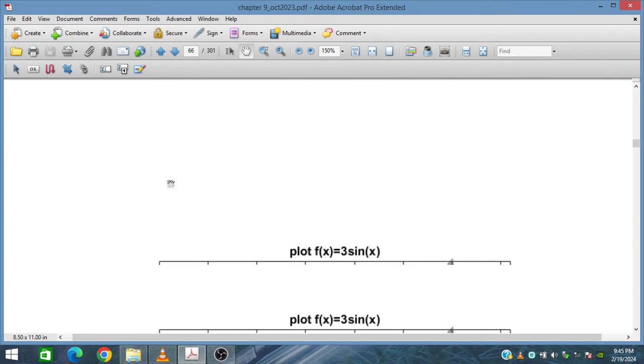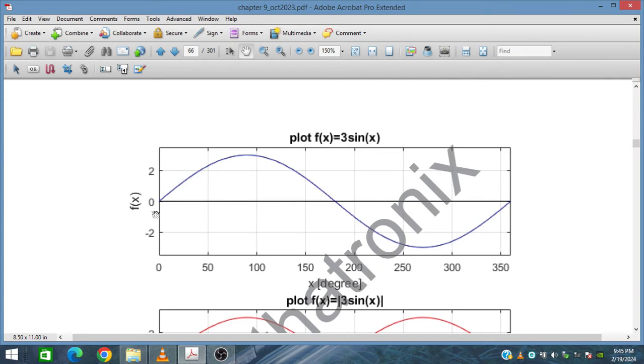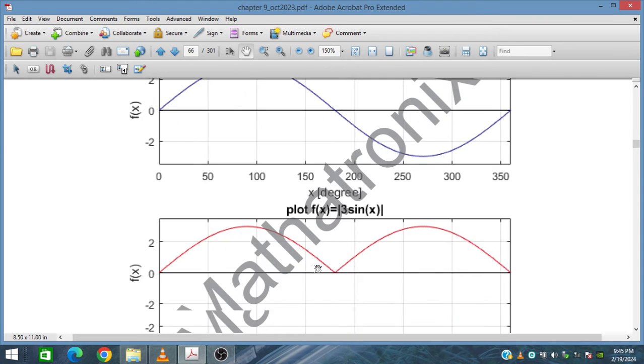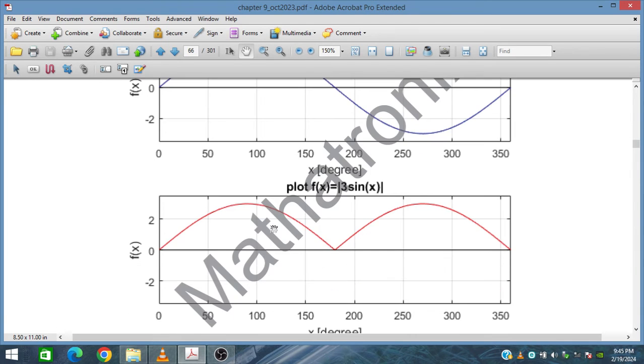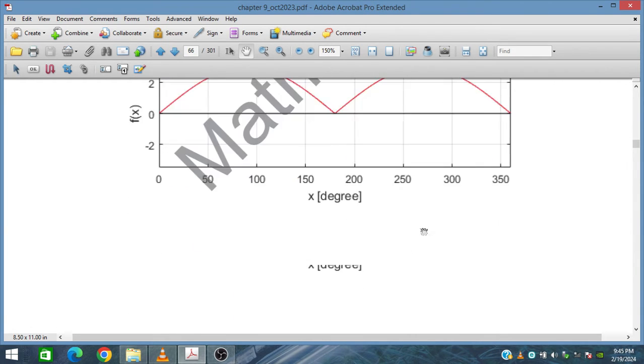For 3 sin x, this is simply the 3 sin x plot, and for the modulus value, this negative part will become positive. So this range is 0 to 3. The maximum value is 3, and the minimum value is 0. That's why the range is 0 to 3.